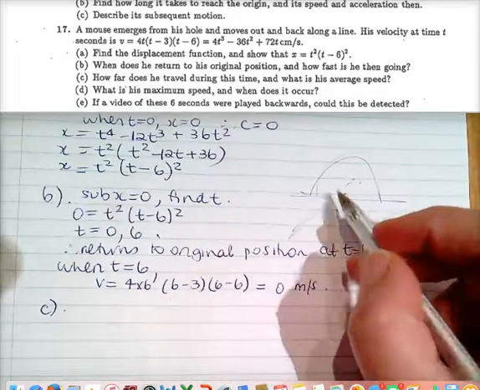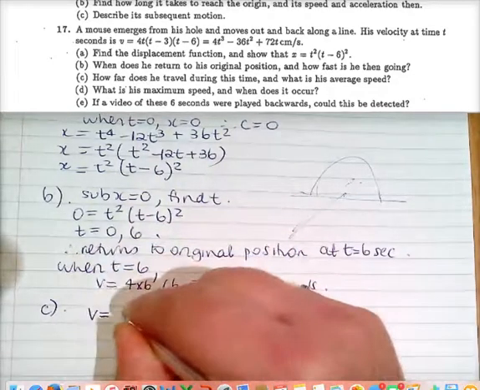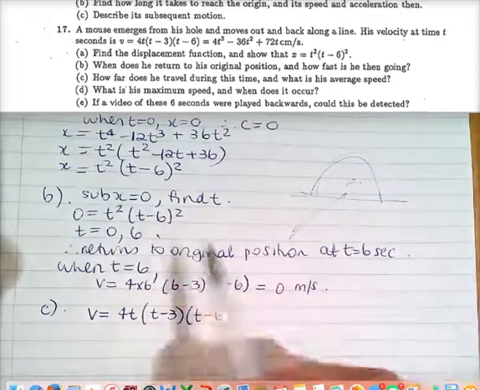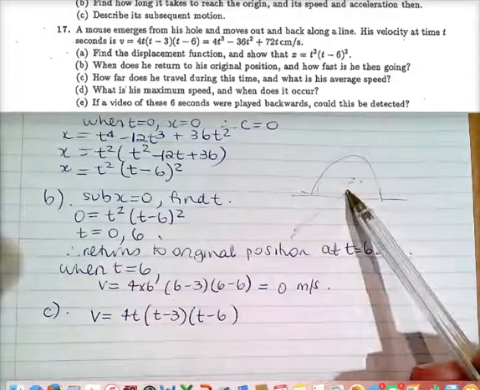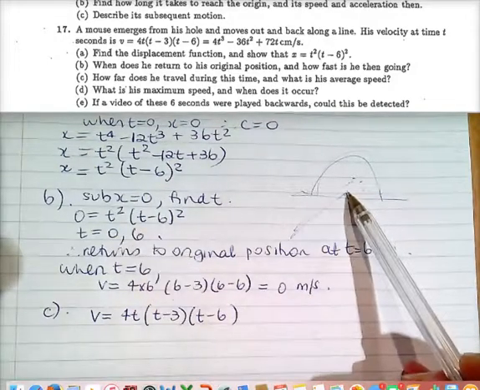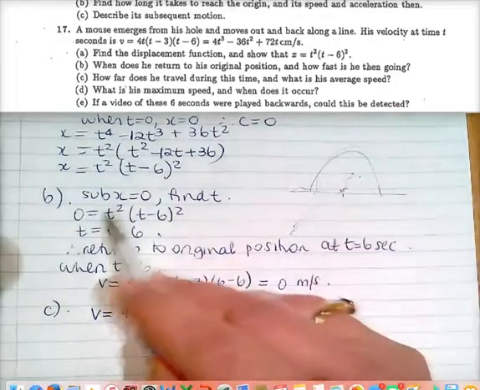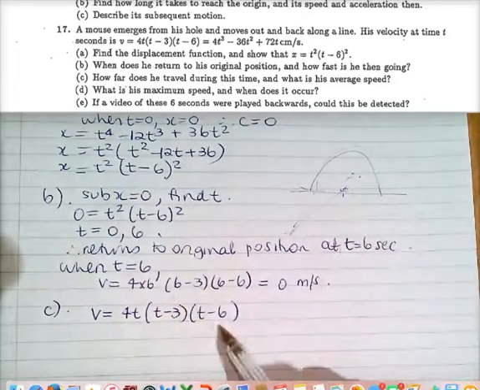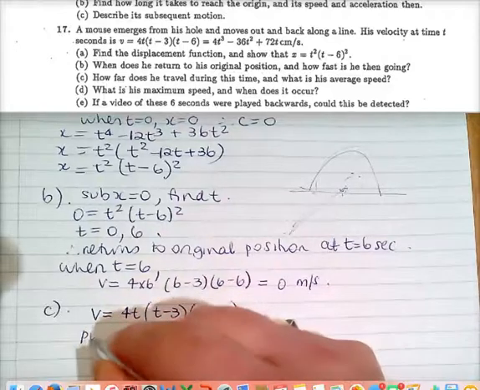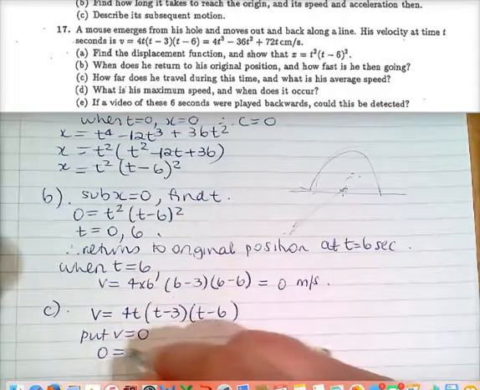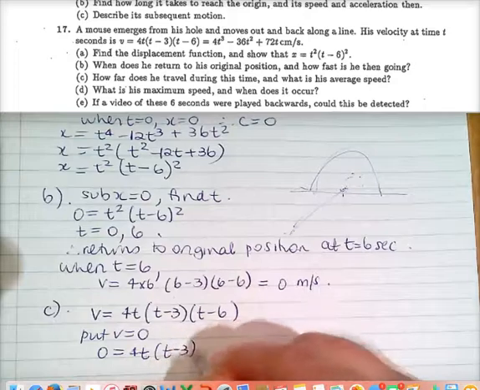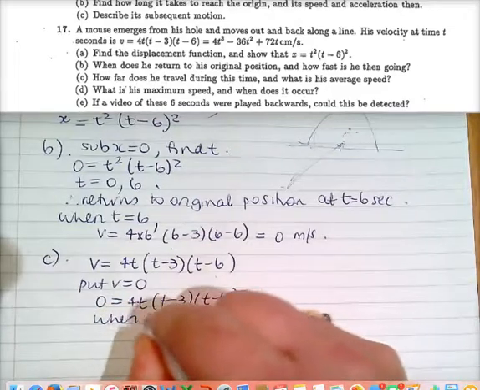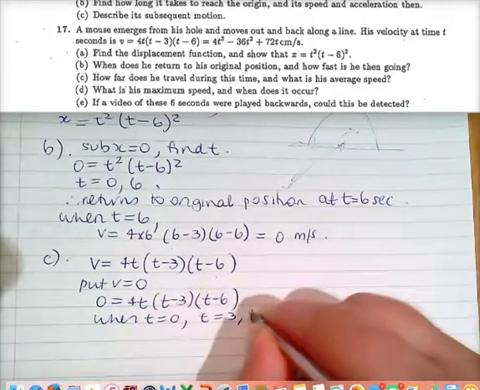If you look at the original velocity equation, which is 4t, the factorized form, t minus 3, t minus 6, we can already see that at x is 0, that's here at the hole, that's when time is 0, and he gets back at x is 0 when time is 6. If we put velocity equal to 0, that occurs 3 times. In other words, the mouse is stationary when t equals 0, 3, and 6 seconds.